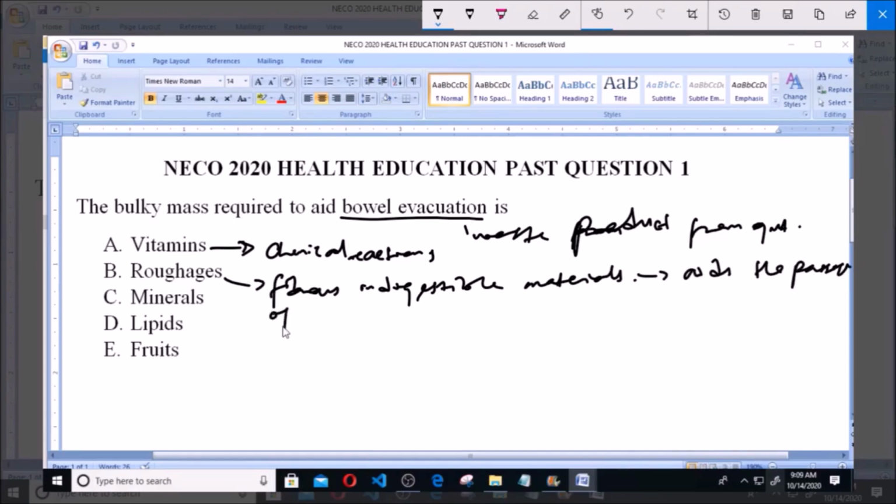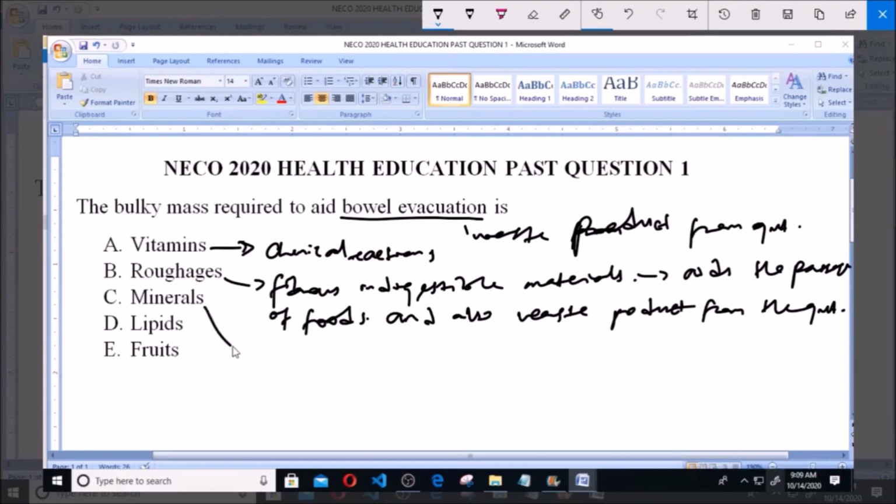These roughages aid with digestion and also passage of waste products from the gut. So roughages are fibrous indigestible materials that aid towards digestion of food, and also they aid bowel evacuation, that is, removal of waste products from the gut. Examples of materials where you find these roughages include the fruits, the nuts, the vegetables, and also the grains.